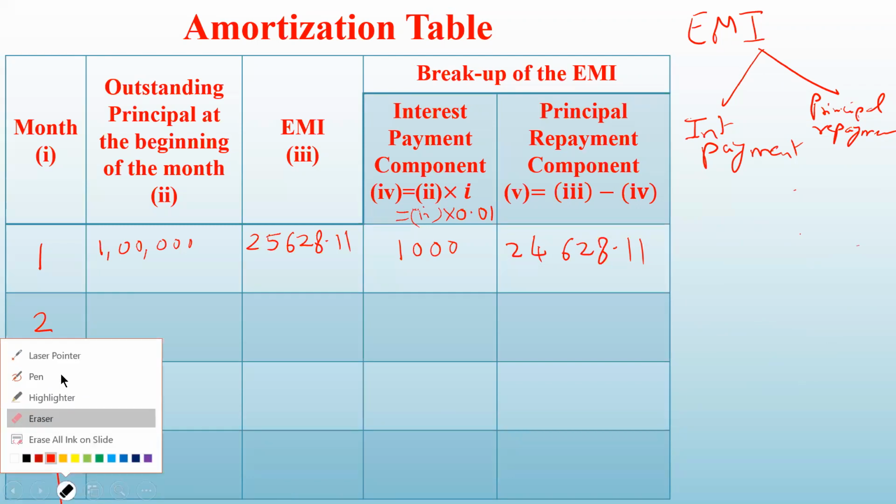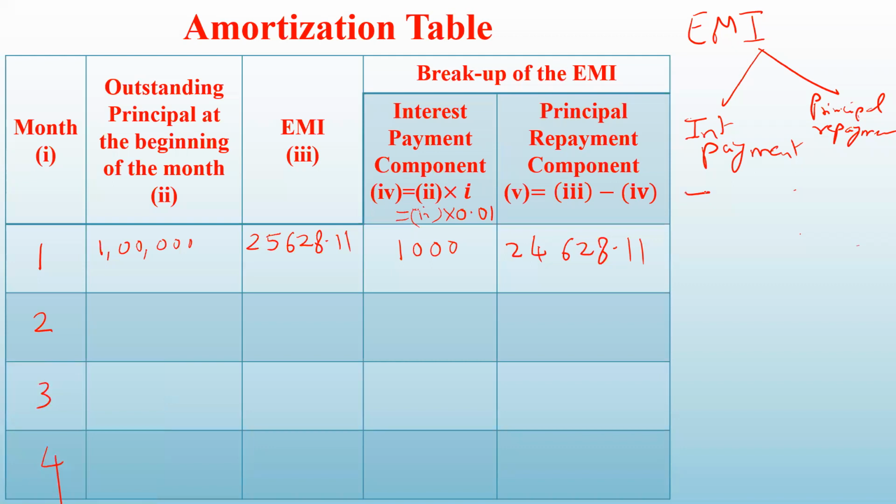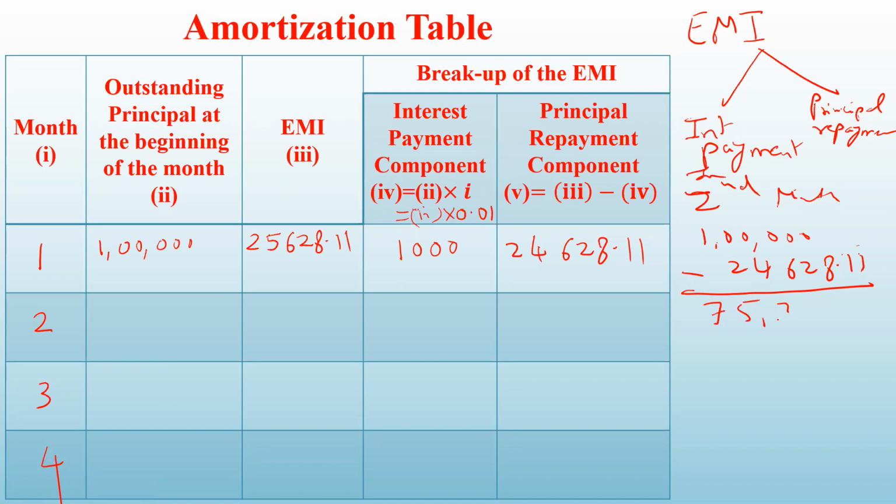So 1 lakh minus 24,628.11 gives you 75,371.89. So this is the outstanding principal at the beginning of the second month.